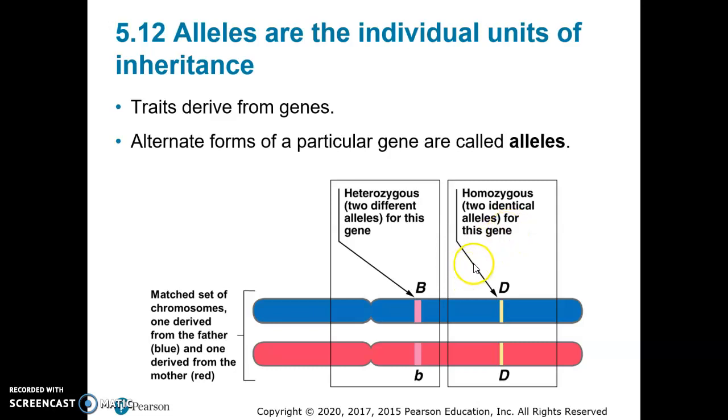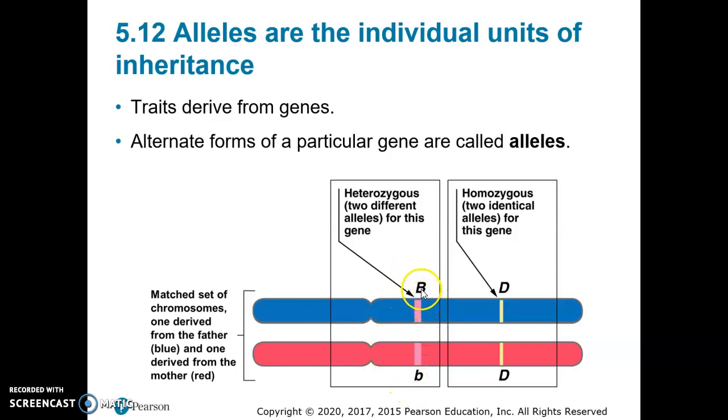So for each of these traits that we want to talk about, we talk about your genotype. And your genotype is your letter combination. And so we could say I'm a capital B, lowercase b, but that doesn't sound very sophisticated, and so instead I can say I am heterozygous for eye color.